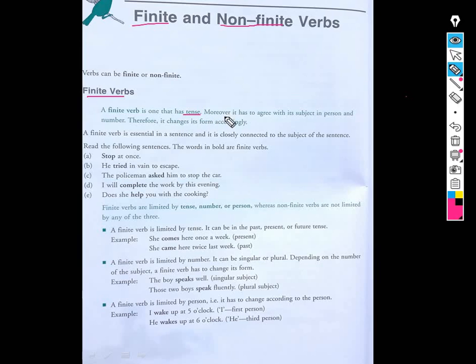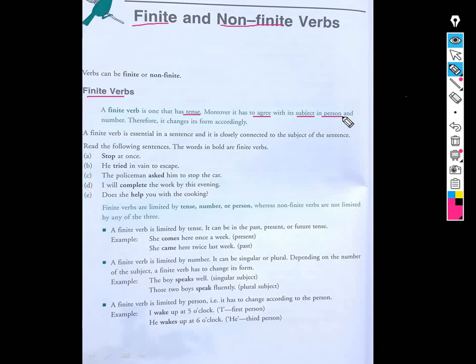The other quality or other sign of this finite verb is that it agrees with its subject in person. In pronouns we discussed persons: first person, second person, and third person. So if the subject of the sentence is first person, second person, or third, the finite verb changes according to that person.